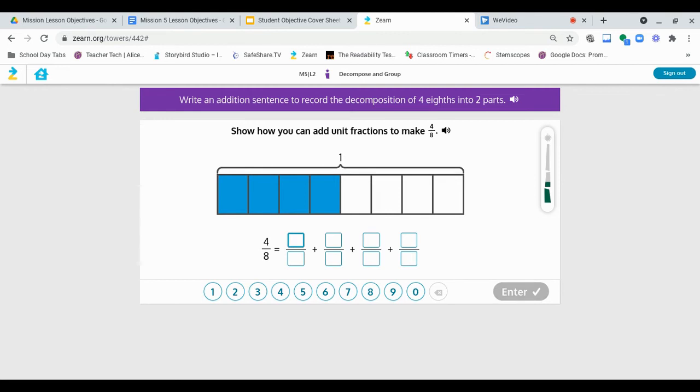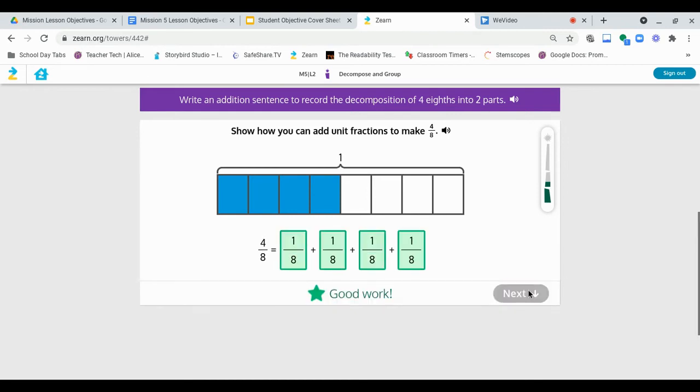Now we're going to show how you can add unit fractions to make 4/8. What is each piece worth? Well, 4/8 equals 1/8 plus 1/8 plus 1/8 plus 1/8. That sum of unit fractions means we're just breaking it down piece by piece. Sum, as a reminder, means the answer to an addition.